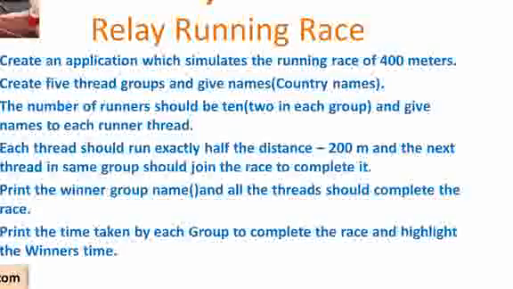Each person should run for 200 meters, and the second person should join to receive the baton to run the next 200 meters. I want you to implement this with the help of the join method. So this will be an interesting example, and once you implement it, you will get good hands-on with the threads examples. So that's all for this session.